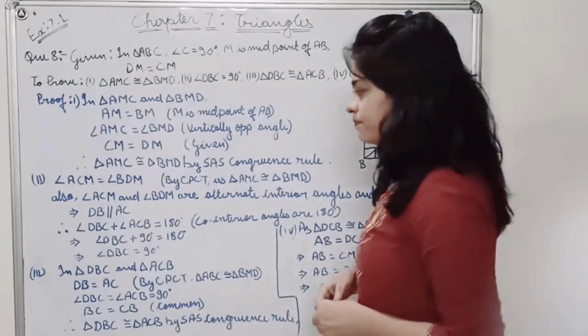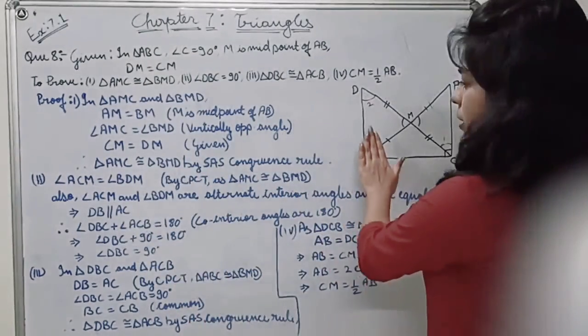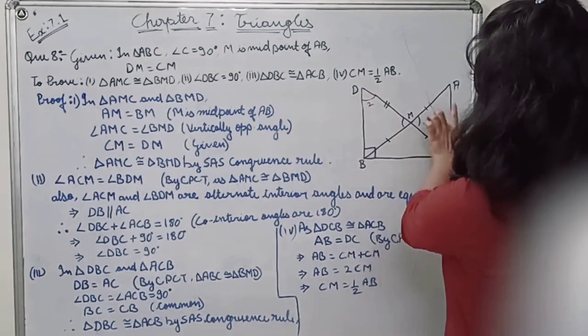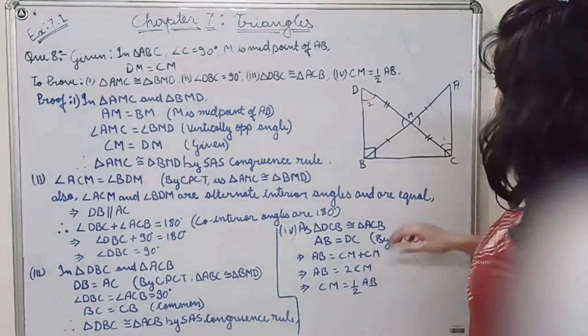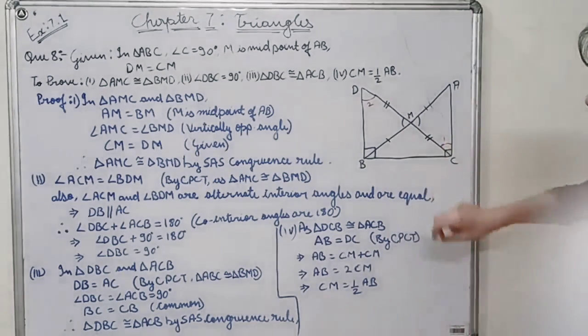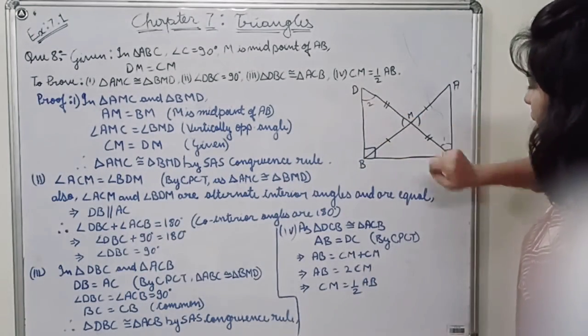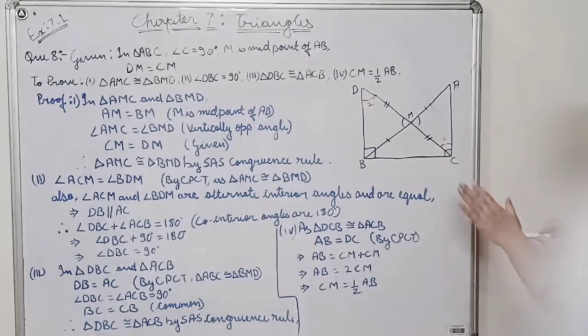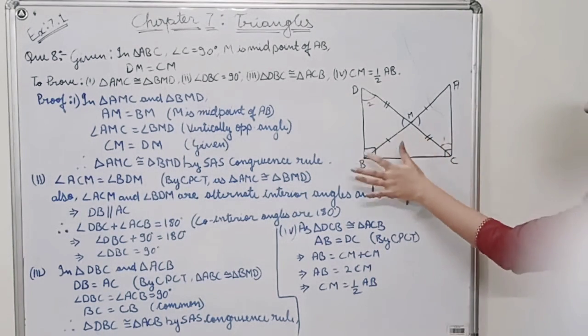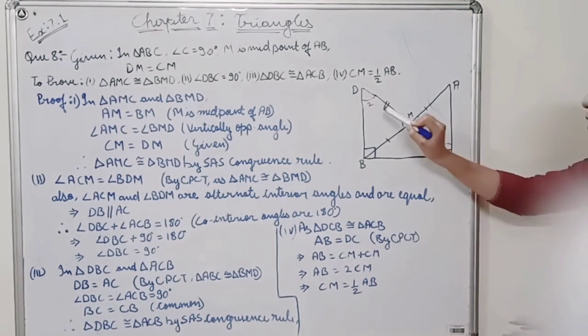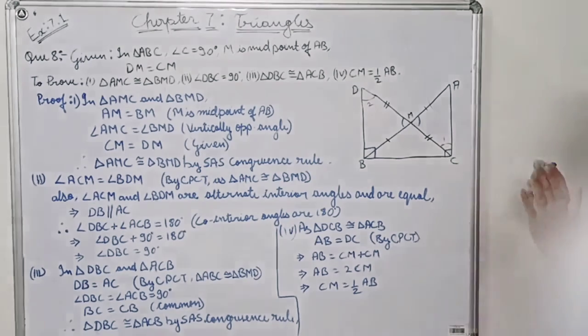Okay, now see, angle ACM, means this angle, and angle BDM, they are equal. Angle ACM and angle BDM, I have named here angle 1 and angle 2, they are equal. Why?